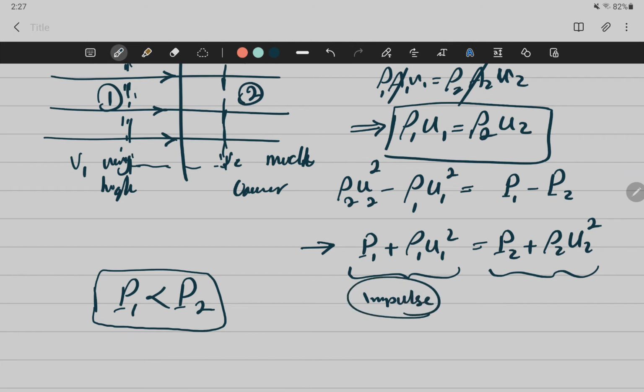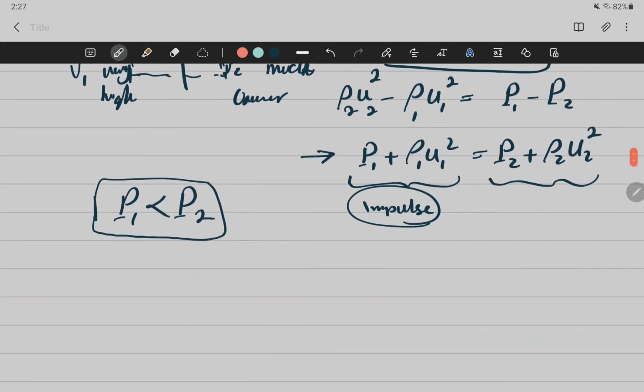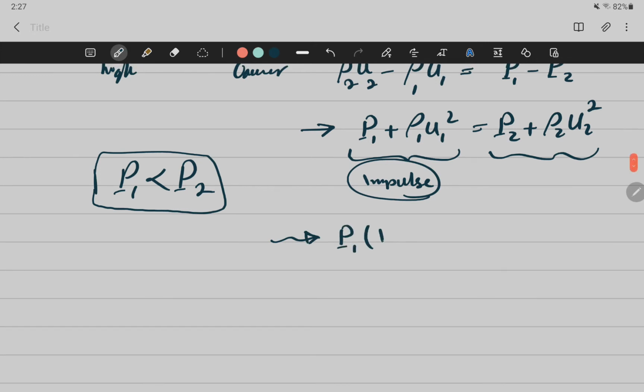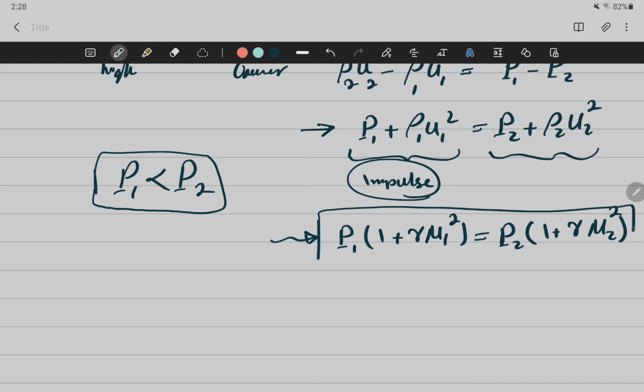This tells us the impulse is going to be constant over a normal shock wave. We can use the simplifications and other forms of these equations that we have seen in previous lectures and replace velocity with a Mach number, then come up with this very nice looking equation. So this is going to be your momentum equation.